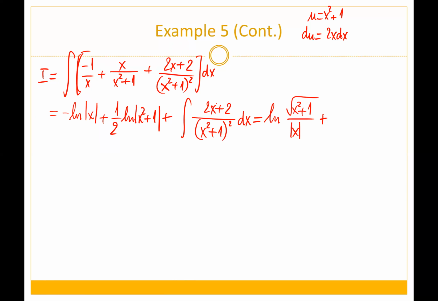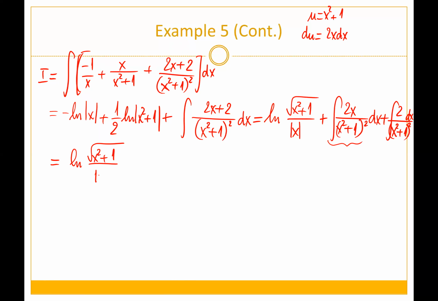Then on this one, I can put this one as 2x over x squared plus 1 squared dx plus 2 over x squared plus 1 squared dx. So now this part, again, we can use u substitution if you do the same thing here. You use u as x squared plus 1. So what we end up having is ln of square root of x squared plus 1 divided by absolute value of x. This one I just rewrite it.